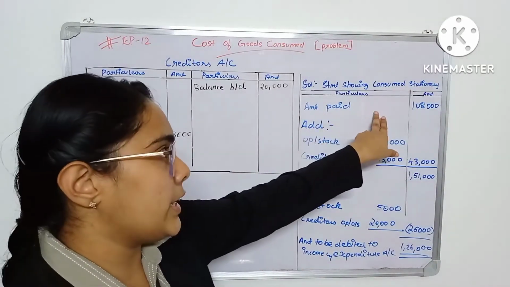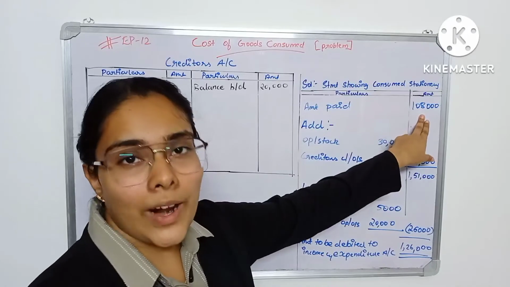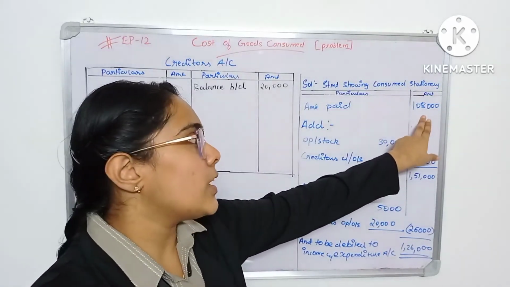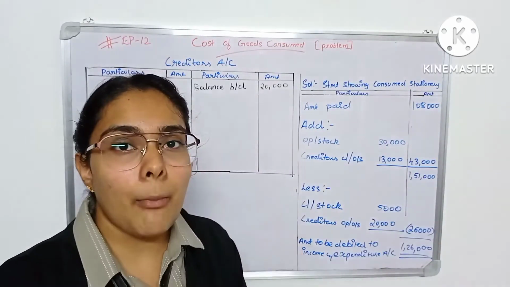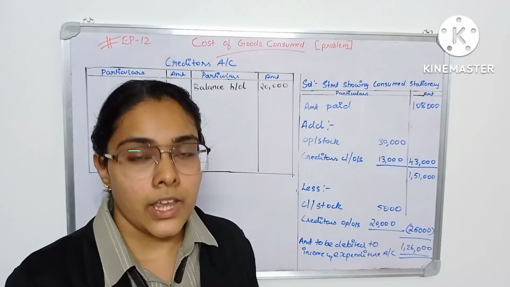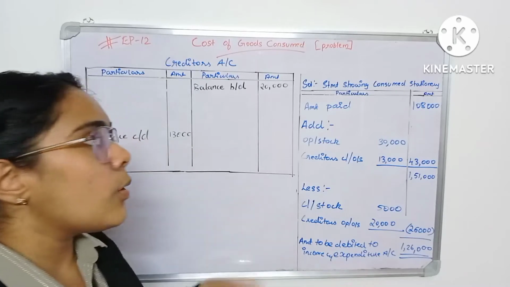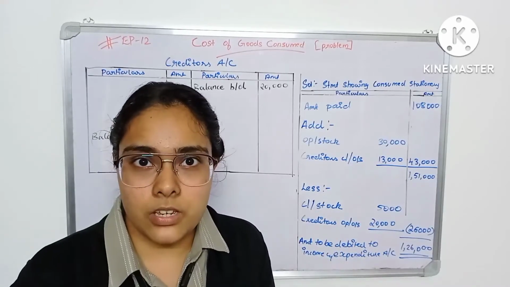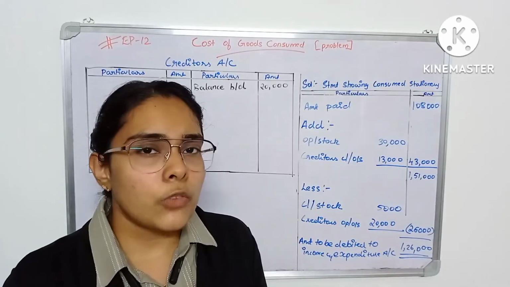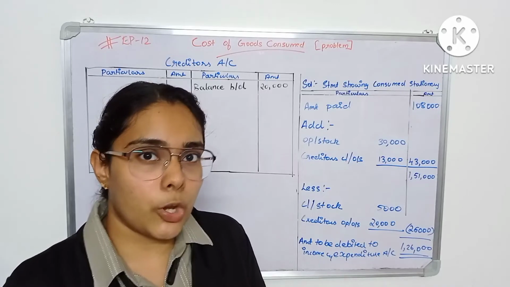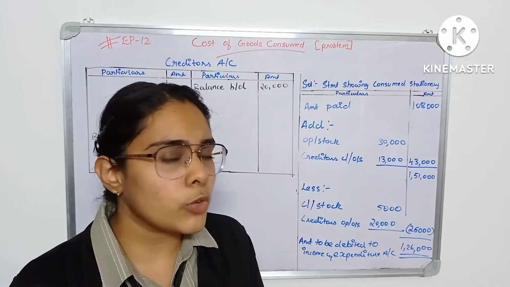Then we have to look at the amount paid. The amount paid is 1,08,000, right? That is the amount paid to the creditors. When you are making a payment to creditors, what will happen to the creditors? They are going to decrease. So what will be the journal entry?